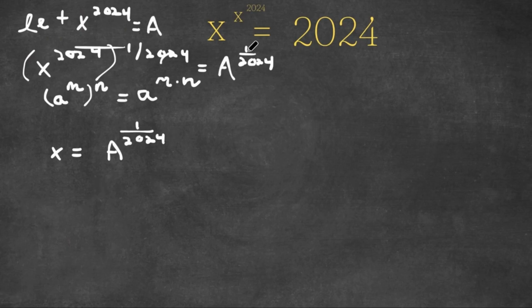So now, going back to our equation here, we have x to the power of x to the power of 2024 is equal to 2024.